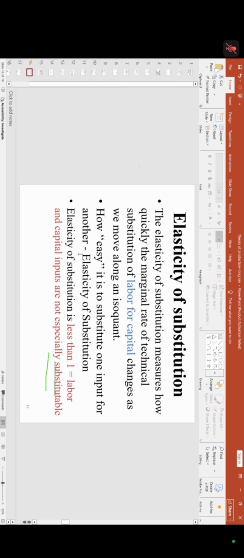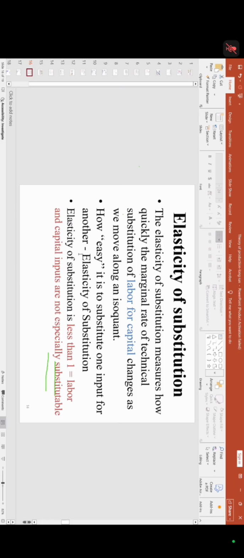So if a question mentions that the elasticity of substitution of MRTS is less than 1, say 0.5, that explains labor and capital inputs are not specifically substitutable. You cannot specially substitute labor and capital equally. That means they are not two inputs that can be substituted easily.